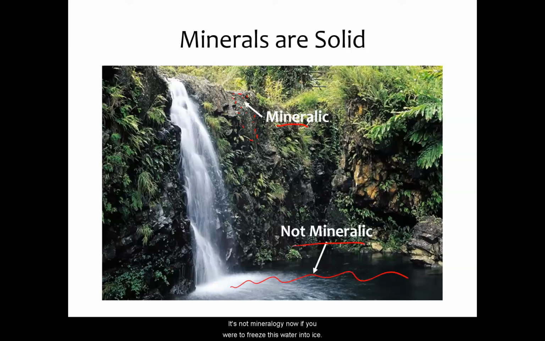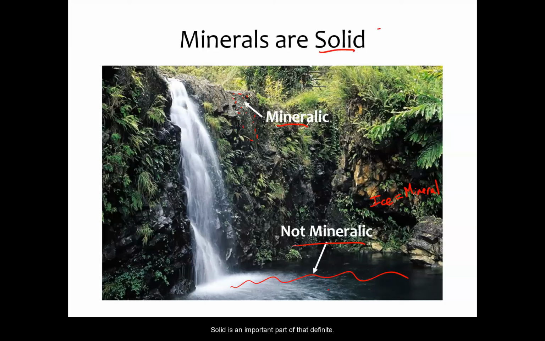Now, if you were to freeze this water into ice, ice is a mineral because now it's solid. You can melt minerals and then they become not minerals. So magma, because we talked about magma as being this liquid rock, magma is not made of minerals. So solid is an important part of that definition.